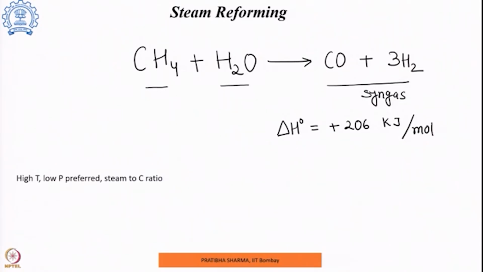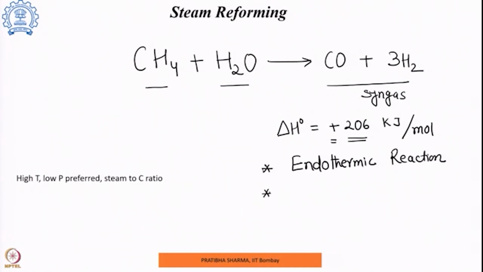A couple of things to be considered here: one is this sign. It is an endothermic reaction. The process of steam methane reforming is an endothermic reaction, and the value suggests that it is highly endothermic.